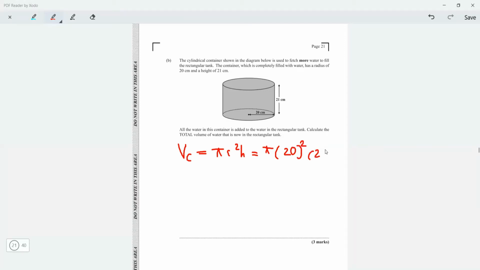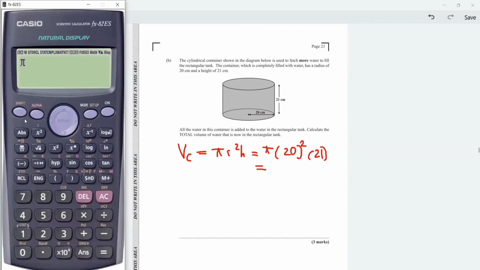And so put all of this into our calculator. It is pi times 20 square multiplied by 21.